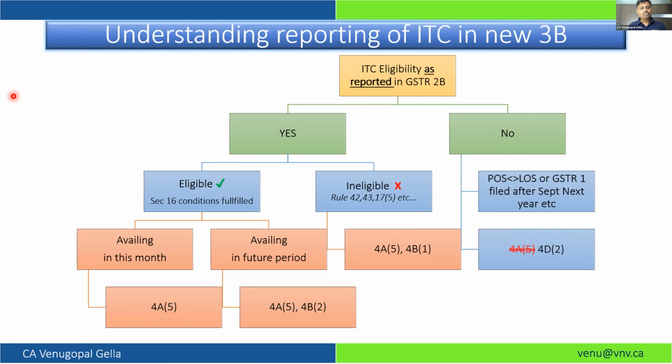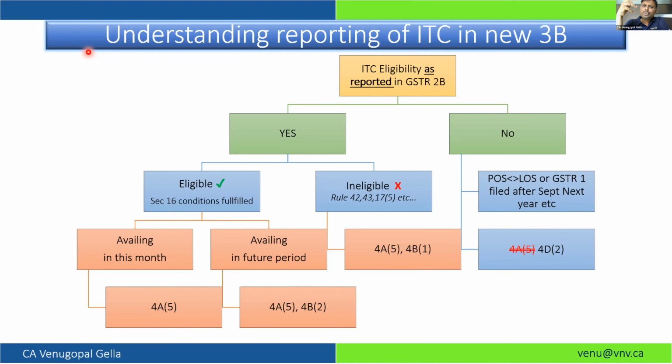Or I have some goods lost, stolen, or something not for business, whatever be the reason, if you are not going to take the credit, including credit notes, such reversals will be reported in 4B1. That we call as non-reclaimable reversals. In other words, permanent reversals.